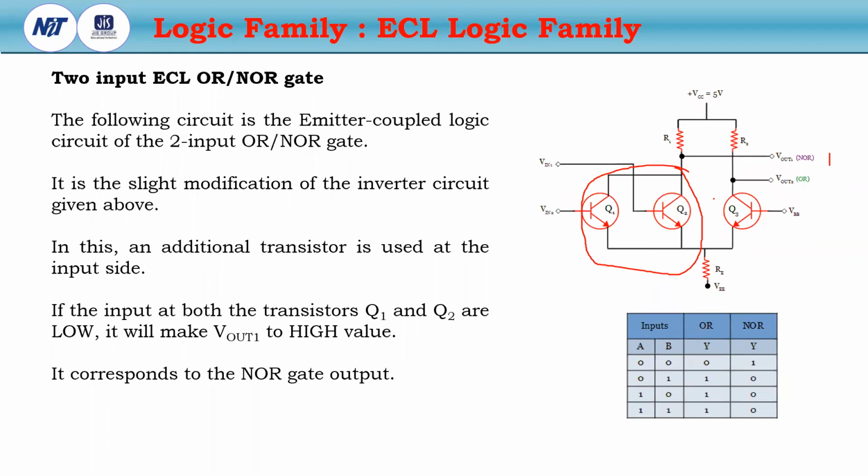Okay. When the inputs V1 and V2 are logic 0, if both are 0, then Q1 and Q2 are not in saturation. So then we will get the output V out 1 as logic 1. So now if this is 1, this is 0.